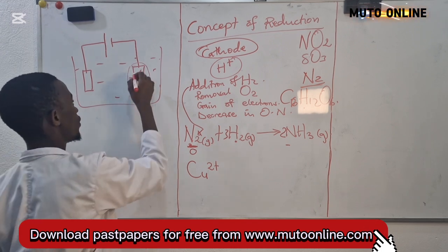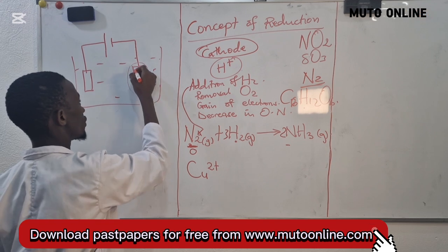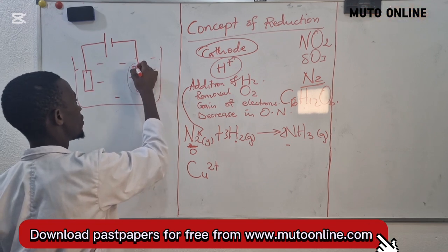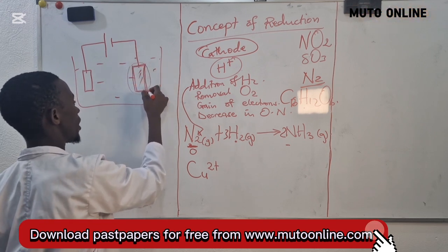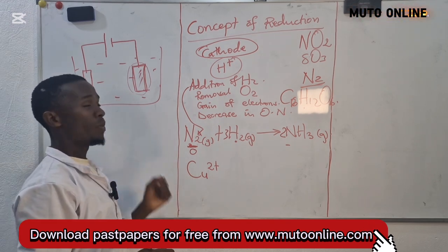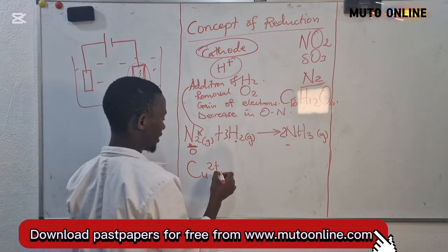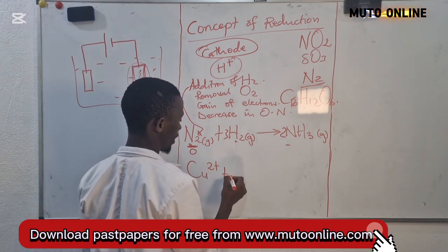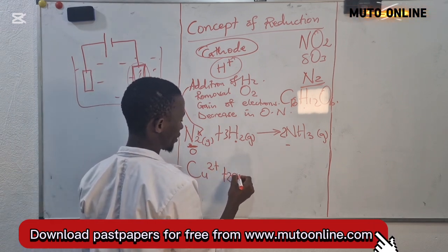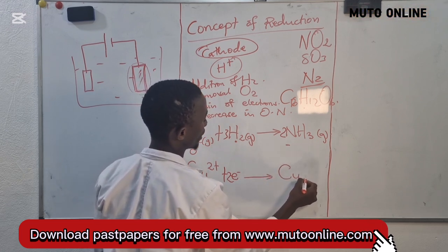If you want to metal-plate, let's say this carbon, with copper, we put this carbon load at the cathode, and then we use a copper solution as an electrolyte. So this one will gain electrons such that it becomes solid copper.